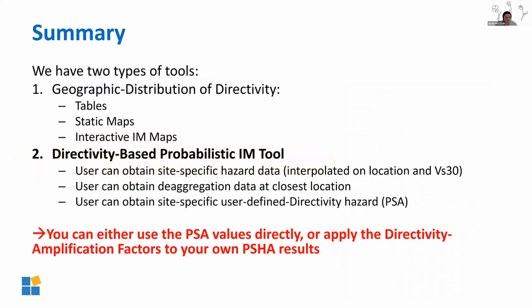In summary, we've got these two tools, the geographic distribution of the maps, as well as individual intensity measure tool for your site. The goal here is you can either use the PSA values directly, or you can use the directivity amplification factors to your favorite PSHA results that you like. And that's it.